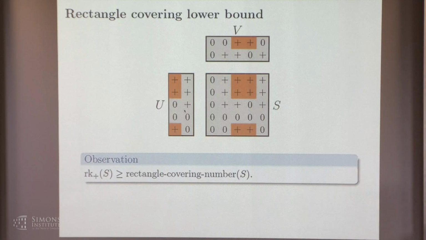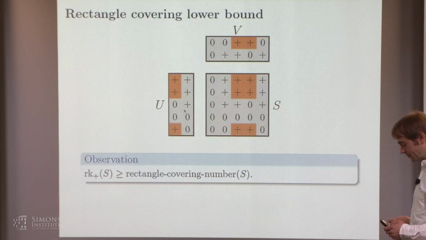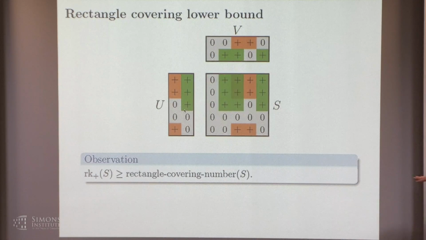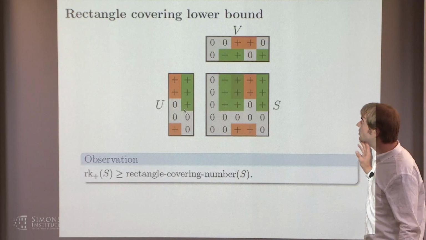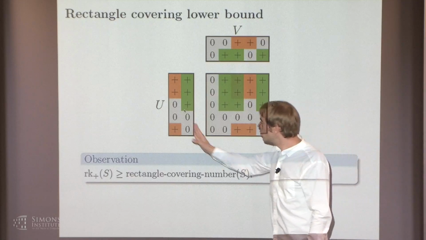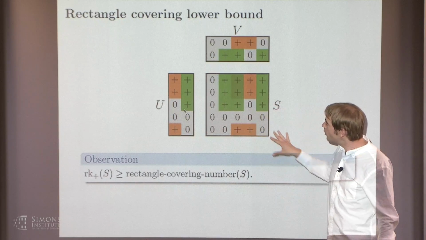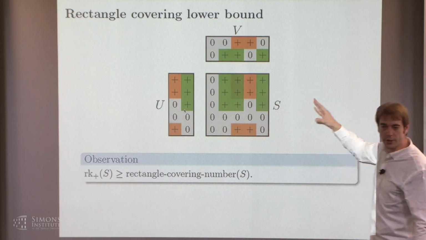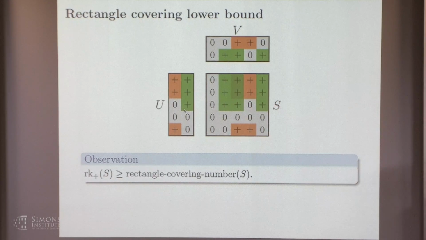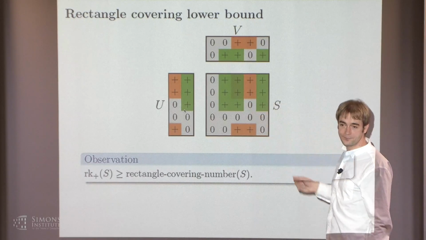A positive entry times a positive entry is going to be positive, no matter how many non-negative entries you're adding. So if you complete the reasoning, then if you only had R many columns, you can cover all the positive entries of your slack matrix using only R combinatorial rectangles. In particular, those combinatorial rectangles are not going to cover any of the 0 entries.